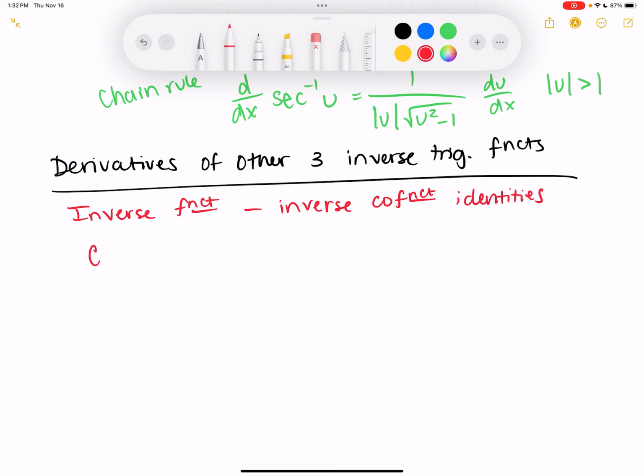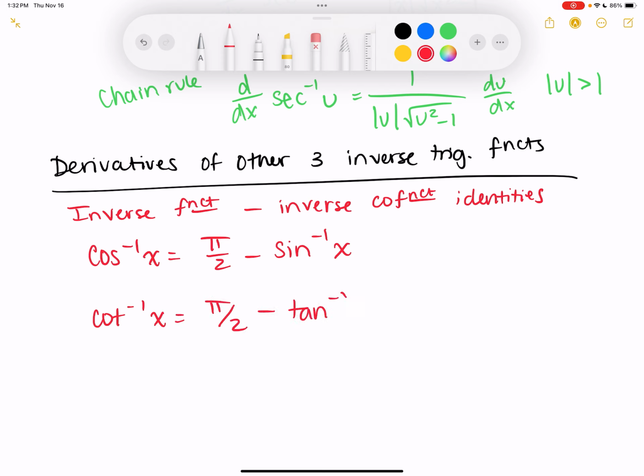The inverse cosine of x is equal to pi over 2 minus the inverse sine of x. The inverse cotangent of x is equal to pi over 2 minus the inverse tangent of x. And the inverse cosecant of x is equal to pi over 2 minus the inverse secant of x.